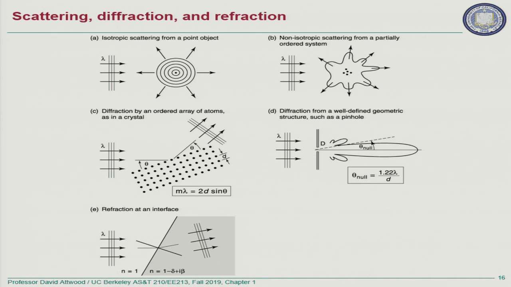But in these higher energy regimes, you can have an index less than 1. So essentially, it means that the phase is evolving more slowly in the medium than it would in the vacuum. And basically, refraction will now go the opposite direction from what you would have expected in visible light.